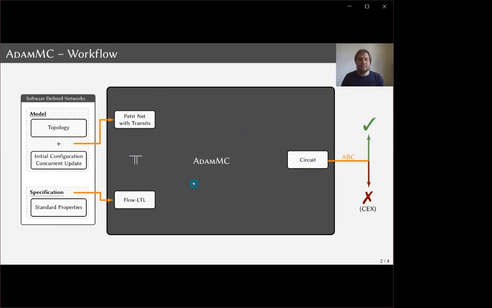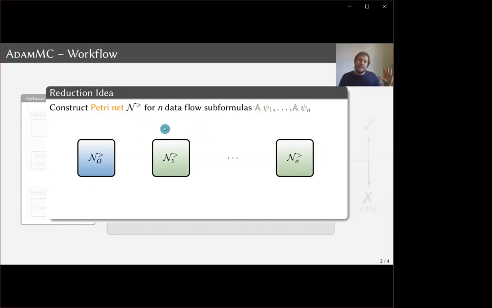In the first step, we take a Petri net with transits and the flow LTL formula and create a standard Petri net out of this. And here the main idea is that we have one subnet for the control part of the formula, and we have one subnet for each data flow subformula, in which we then track all the data and check whether the formula is satisfied or not.